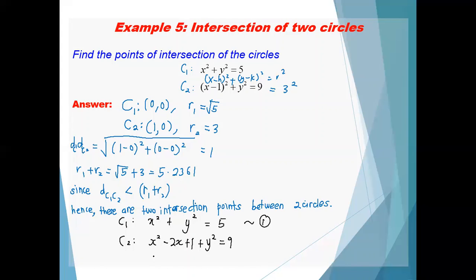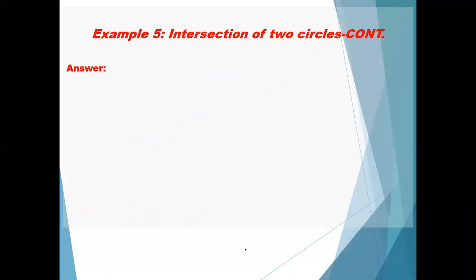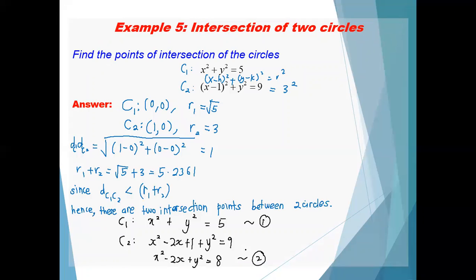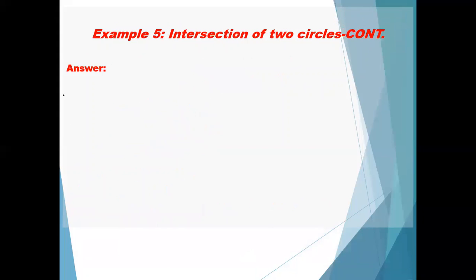So x squared minus 2x plus y squared is equal to 8. This is equation number 2. So what do we do? We use simultaneous equations. So equation 1 minus equation 2.